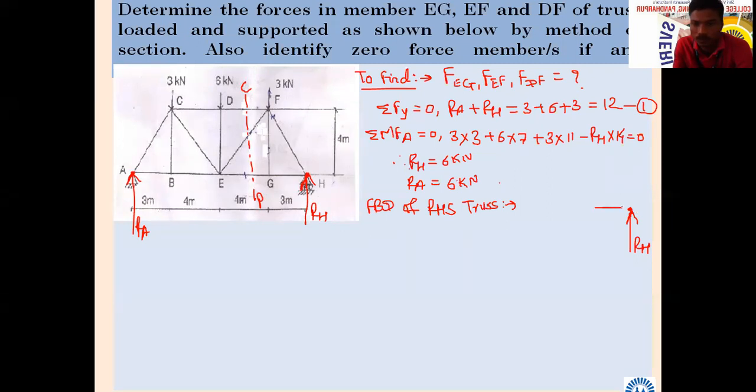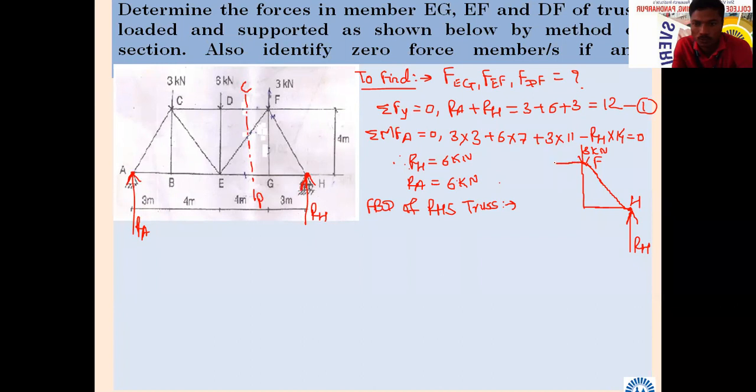We will draw here. Maybe here, here point H. Here F. You can correct me whenever possible. 3 kilonewton.